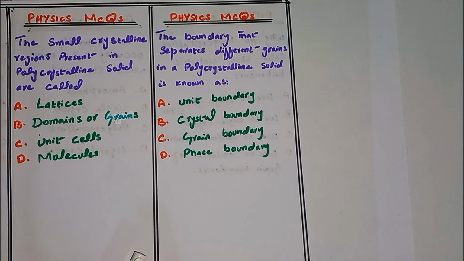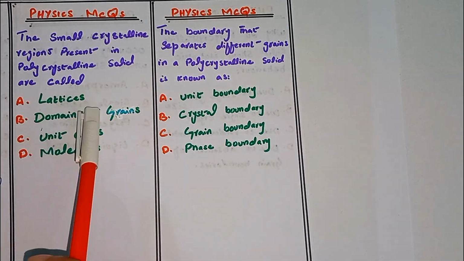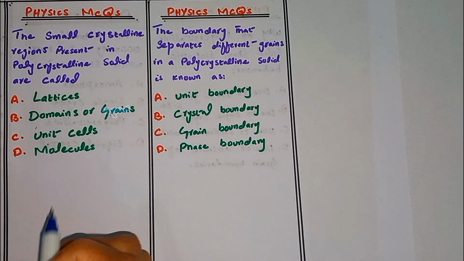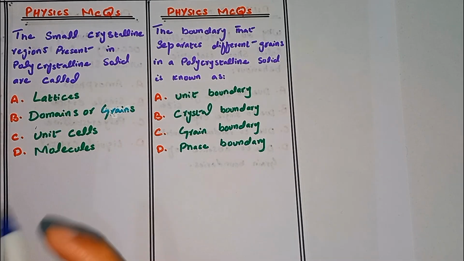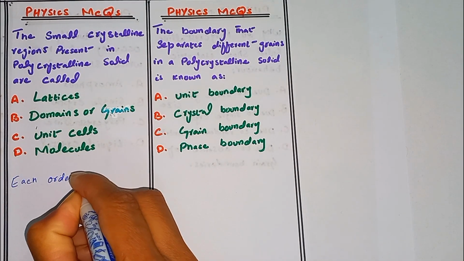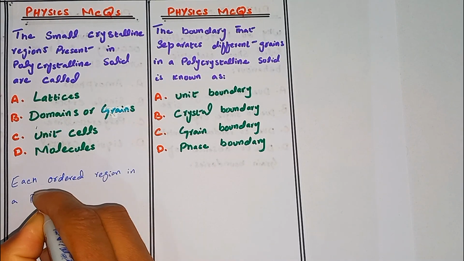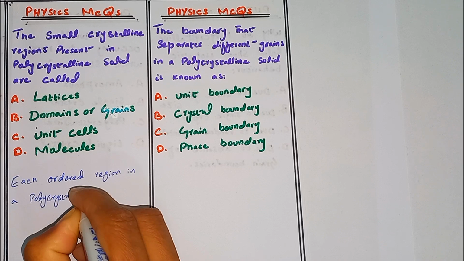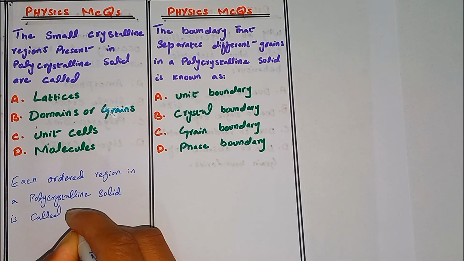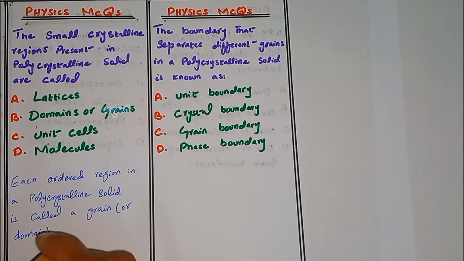Now we discuss the second MCQ: the small crystalline regions present in a polycrystalline solid are called lattice, domain or grain, unit cells, or molecules. We know that each ordered region in a polycrystalline solid is called a grain. Each grain behaves like a single crystal. So here we write that each ordered region in a polycrystalline solid is called a grain or domain.